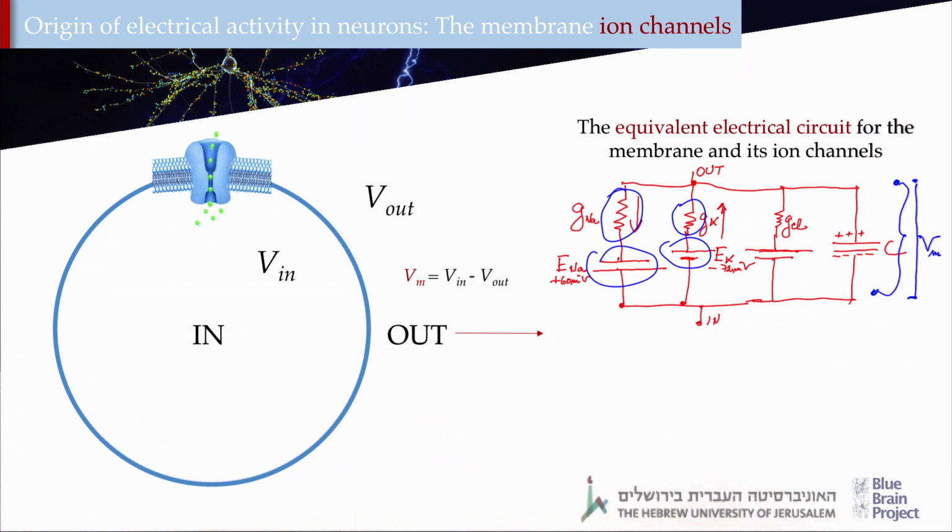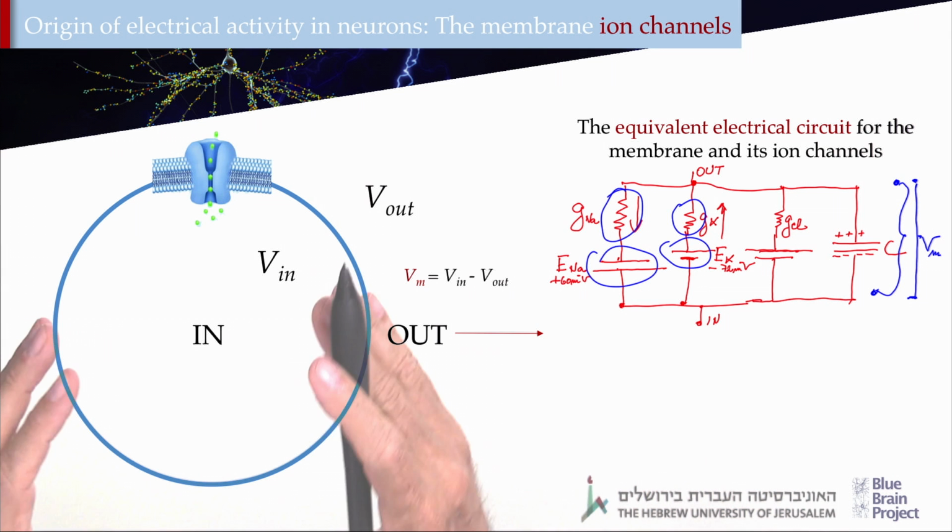And in order to describe the resting potential, which is the basic potential that the neuron sits on without any particular activity, neither synaptic nor spike, I will have to now describe to you, or actually solve for you, this circuit. So now I'm going to solve the circuit.